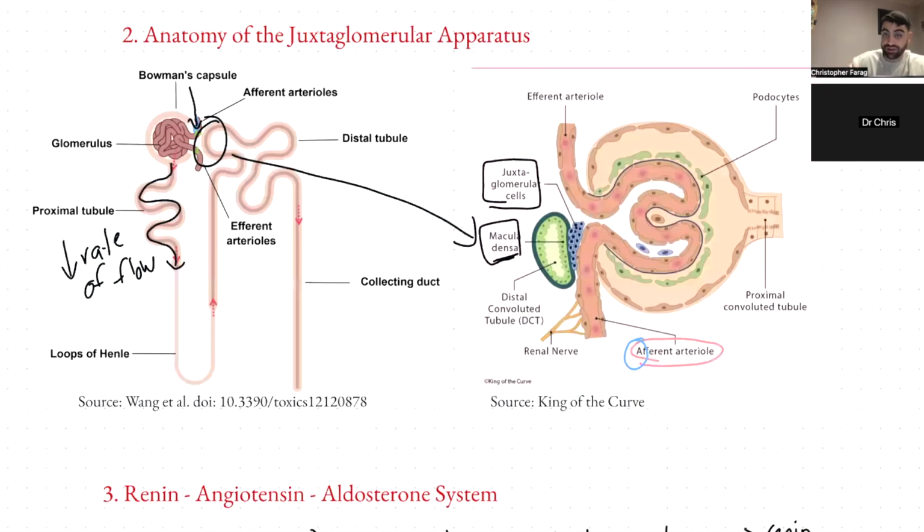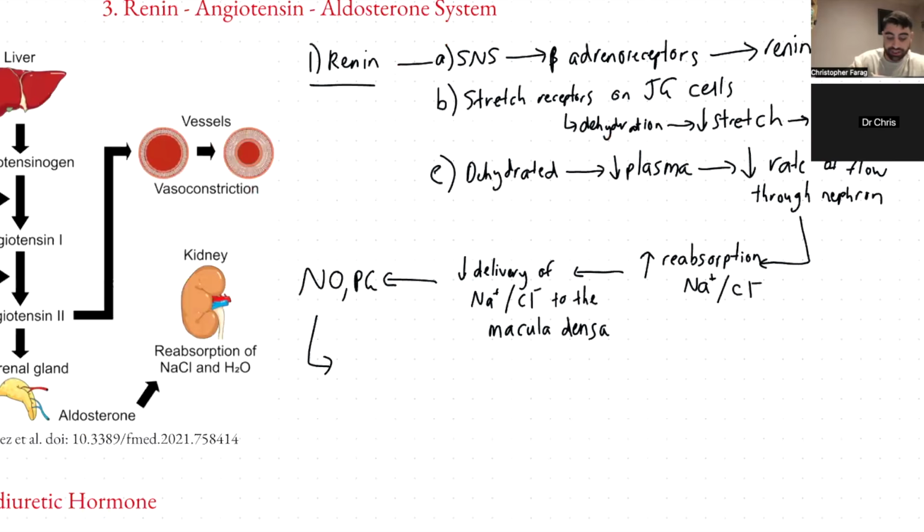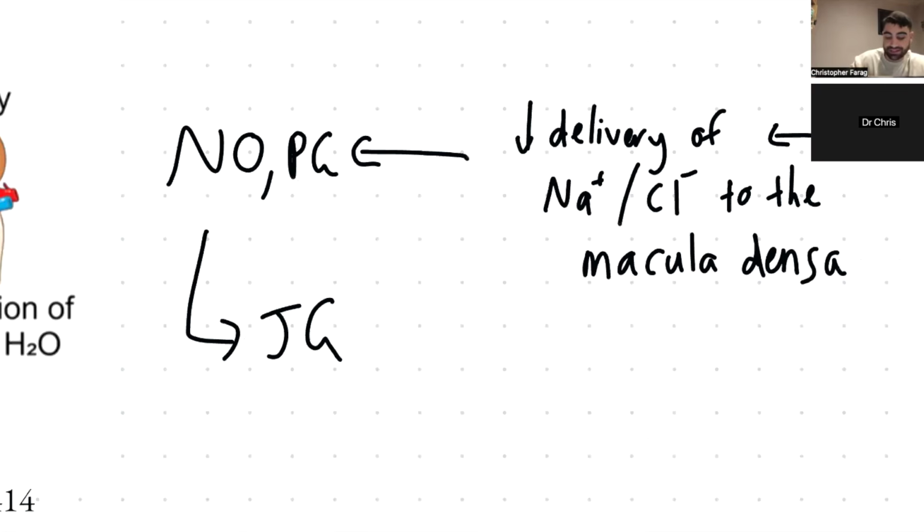Afferent arteriole over here, and the macula densa right here, right next to it. So the macula densa reduces its sodium and chloride, sends some signals to the juxtaglomerular cells of the afferent arteriole to say, we don't have enough fluid. We need to get more fluid. Okay? And that's when it tells the JG cells to release renin.